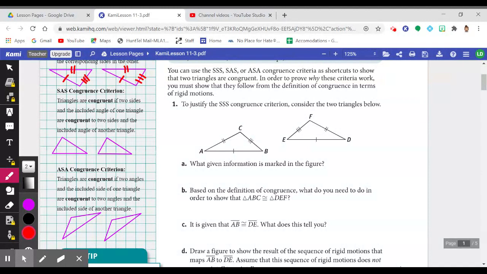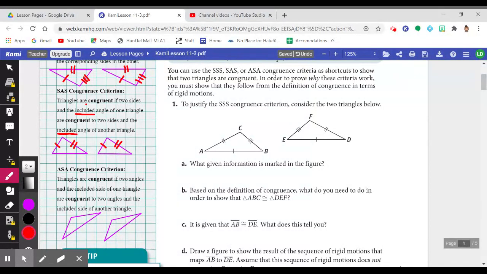The next criterion, triangles are congruent if 2 sides and the included angle, and that's very important here, included angle of one triangle are congruent to 2 sides and the included angle of another. So the way that would look is, again, 1 pair of corresponding sides, 2 pairs of corresponding sides, and then the question is, which angle is considered included?